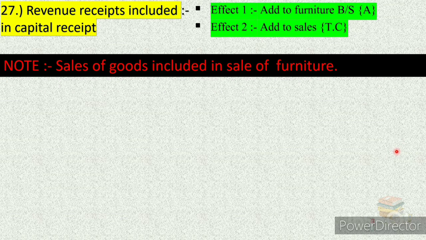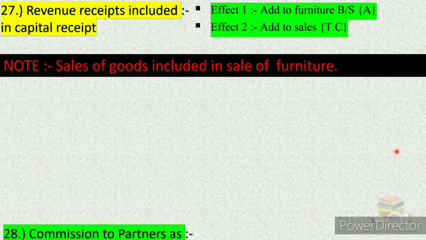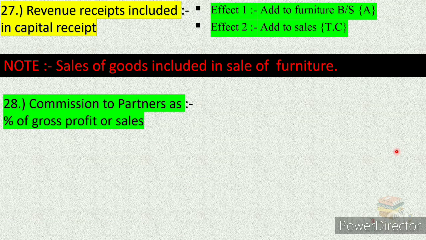Note: here there is one thing to note, that sale of goods is included in sale of furniture. 28th is commission to partners as percentage of gross profit or sales.